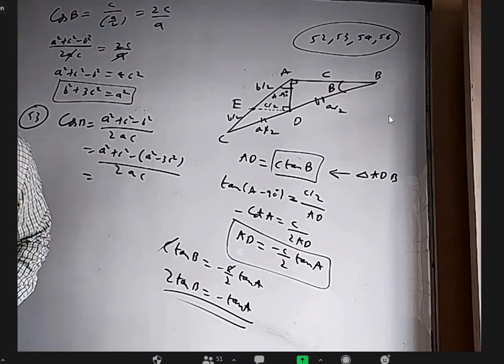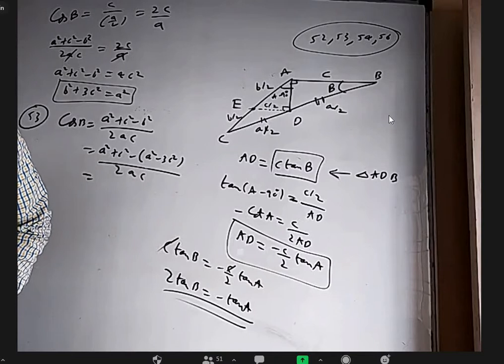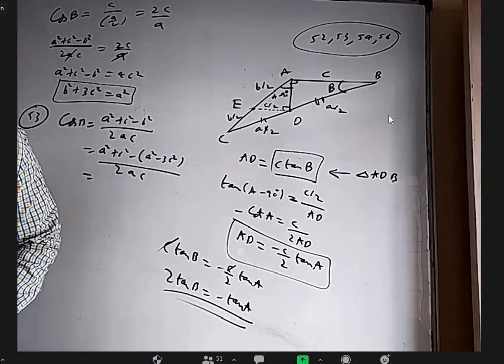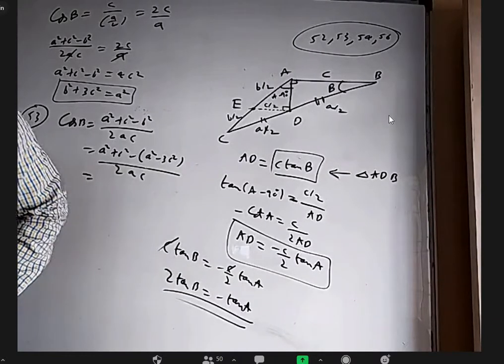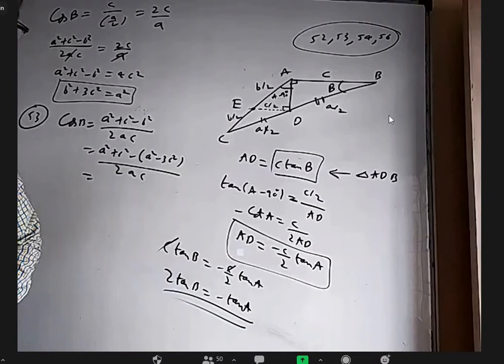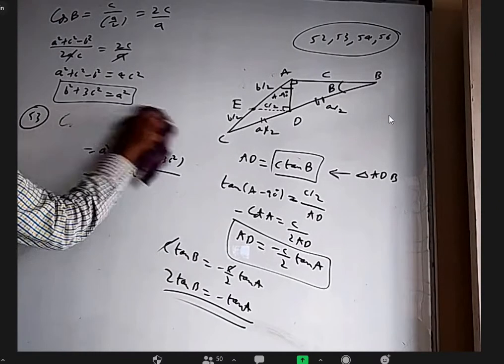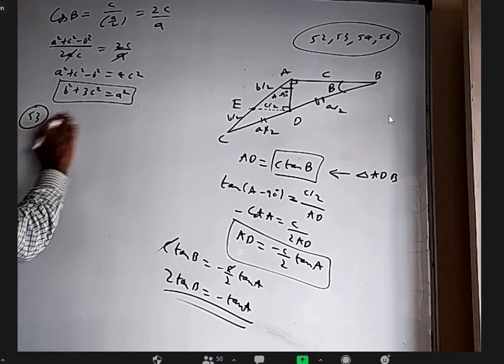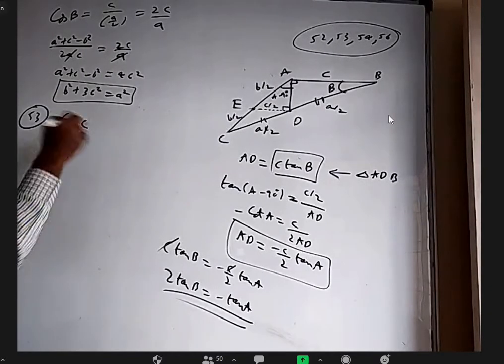In 53, they said AD is perpendicular to what? AC, sir. AC. Oh, then they wanted cos B. Okay. So then I have to change the question. Because I did AD perpendicular to AB, I'll have to find cos C. So I'm changing the question, so don't worry about it.